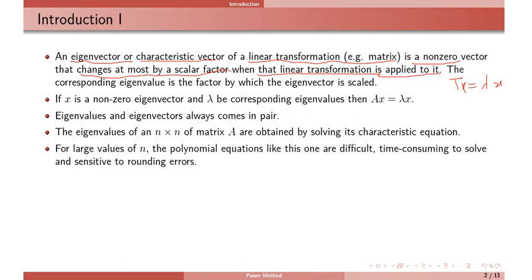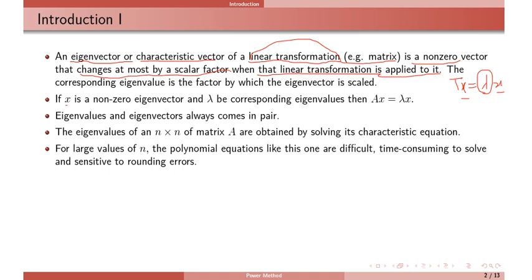So this non-zero vector x is called the eigenvector and this number lambda is called the eigenvalue. In particular, we will take that linear transformation as a matrix.